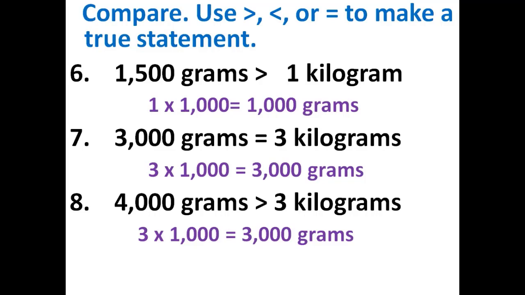Why? Because when you convert kilograms to grams, you have to multiply by 1000. 3 multiplied by 1000 is 3000 grams. Our left side is 4000 grams and the right side is 3 kilogram, that will be 3000 gram. From this conversion, we can say that 4000 grams is greater than 3 kilograms.